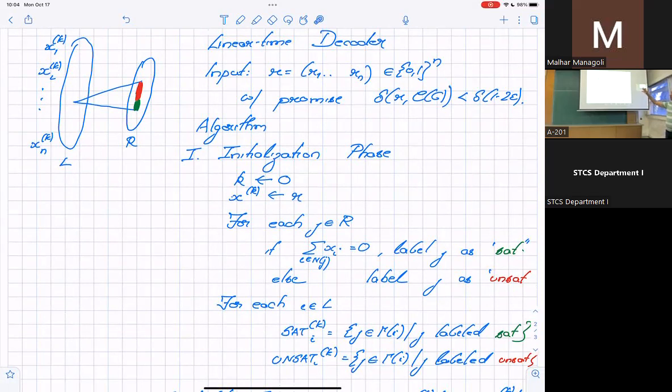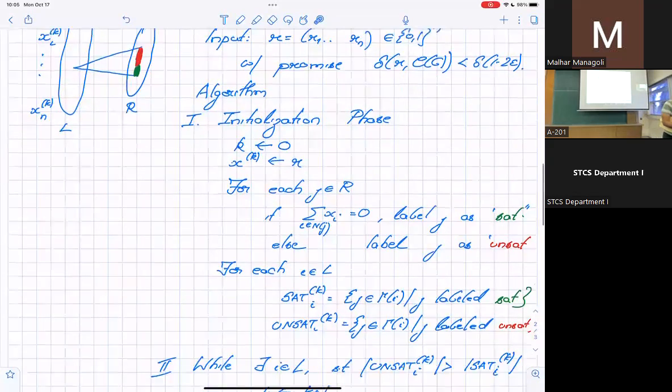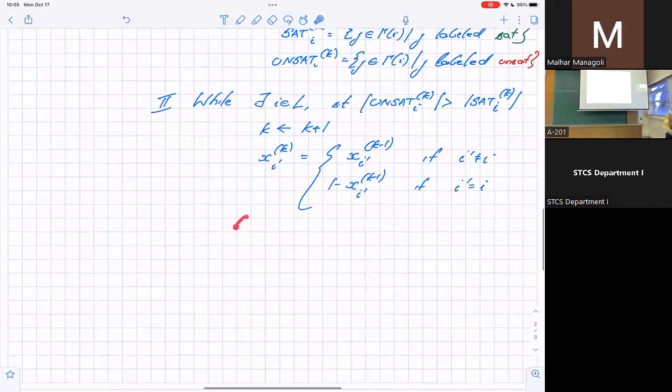All the red ones are going to turn into green, and all the green ones are going to turn into red. But this in particular will change the sat and unsat sets of several other variables. So you have to take a two-step walk from the vertex i: go to its neighbors j, then take their neighbors i prime, and all of their sat or unsat counts will change by some value. So at this point, we go and update.